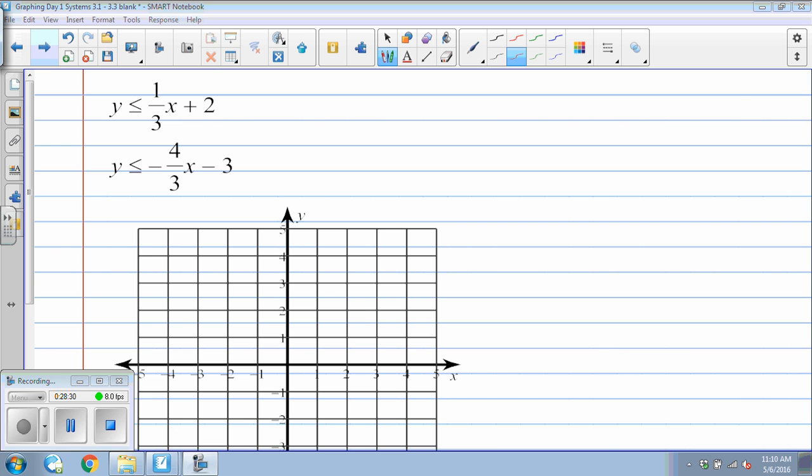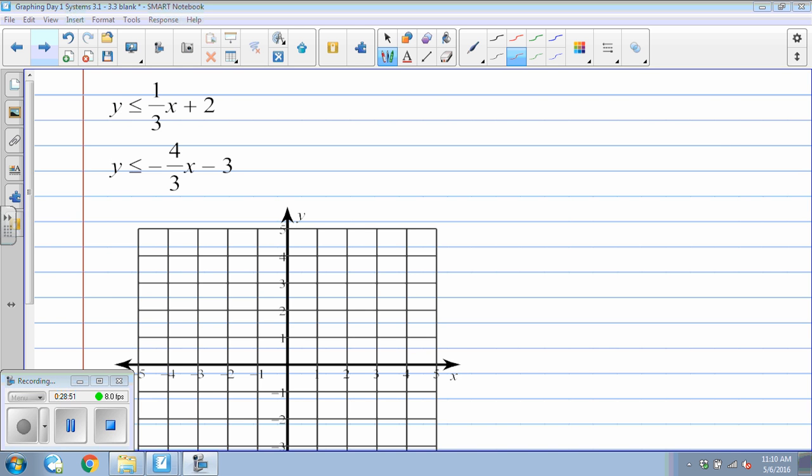Remember, a solution is where the two graphs intersect. When you're dealing with inequalities, the graph of an inequality is not just a line. It's a line and then everything shaded either above or below it.